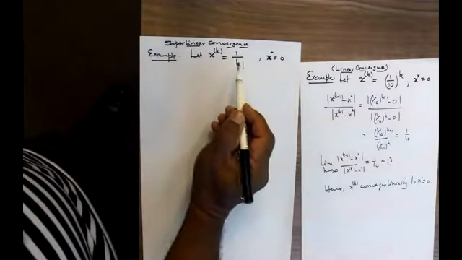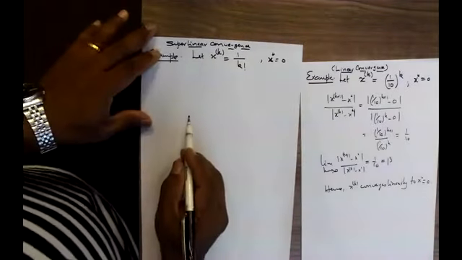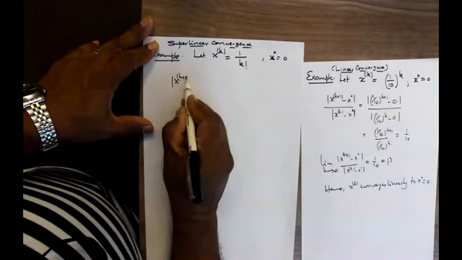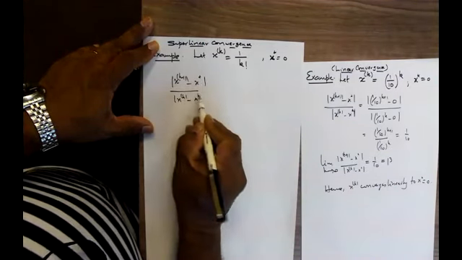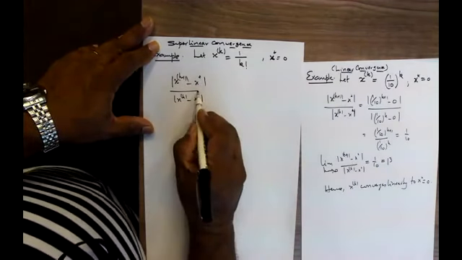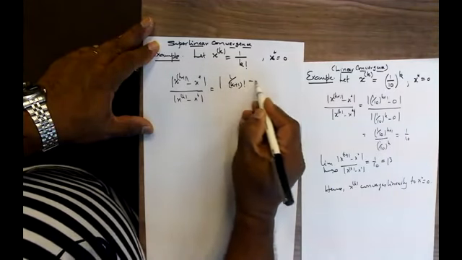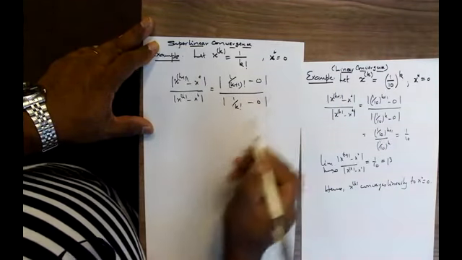x_k equals 1 on k factorial. Again, the limit is 0, right? As k gets bigger and bigger, 1 on k factorial gets smaller and smaller. It goes to 0 as k goes to infinity. So let's calculate the ratio x_{k+1} minus x star over x_k minus x star. That gives you 1 on (k+1) factorial, with x star being 0, over 1 on k factorial minus 0.